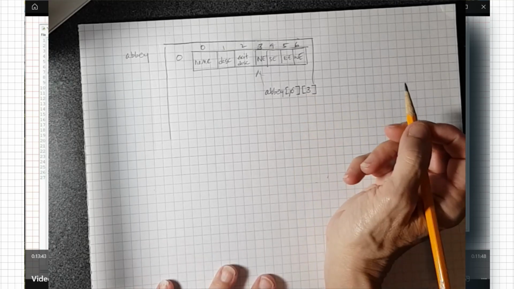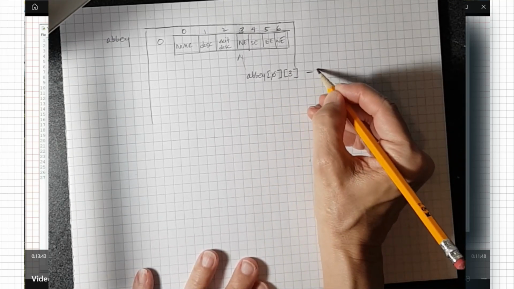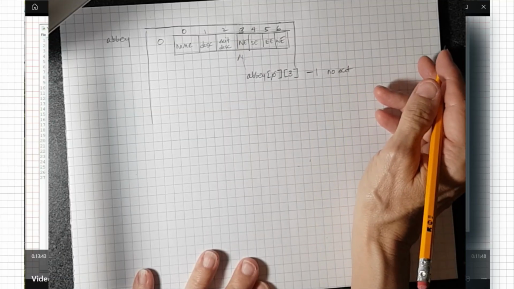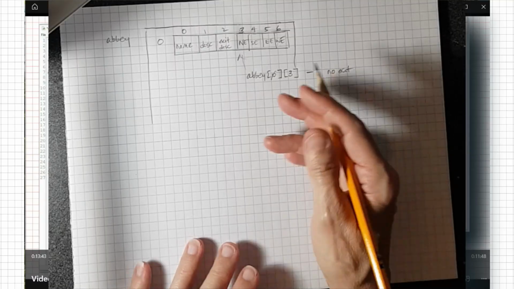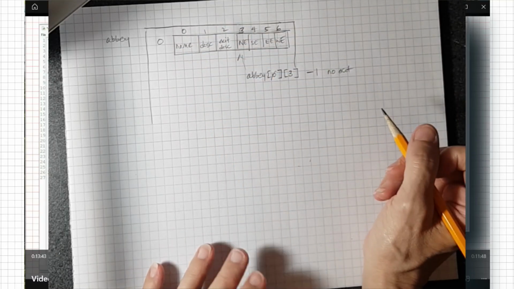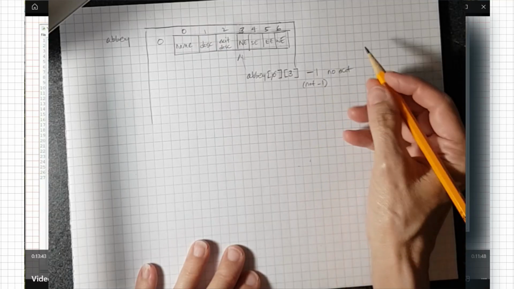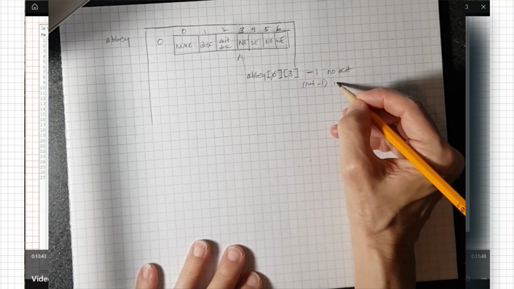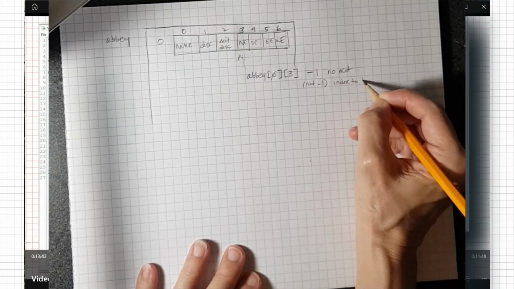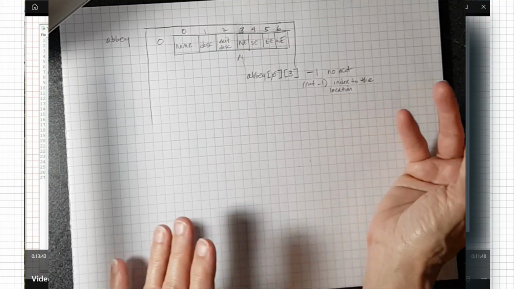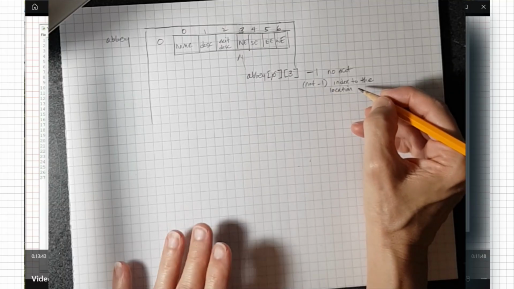sub 3. If that's a -1, there's no exit in that direction. But if it's a valid index into the Abbey data structure, so we'll just say not -1, that's going to be the index to the location we move to at that exit.